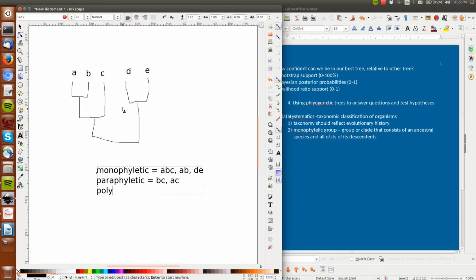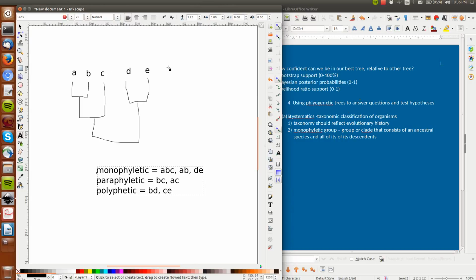The worst case scenario, what we're really trying not to have our systematics or taxonomy reflect, are polyphyletic groups. These are groups that do not include, in essence, the ancestor to the group in question even. So a good example of this would be BD or CE.